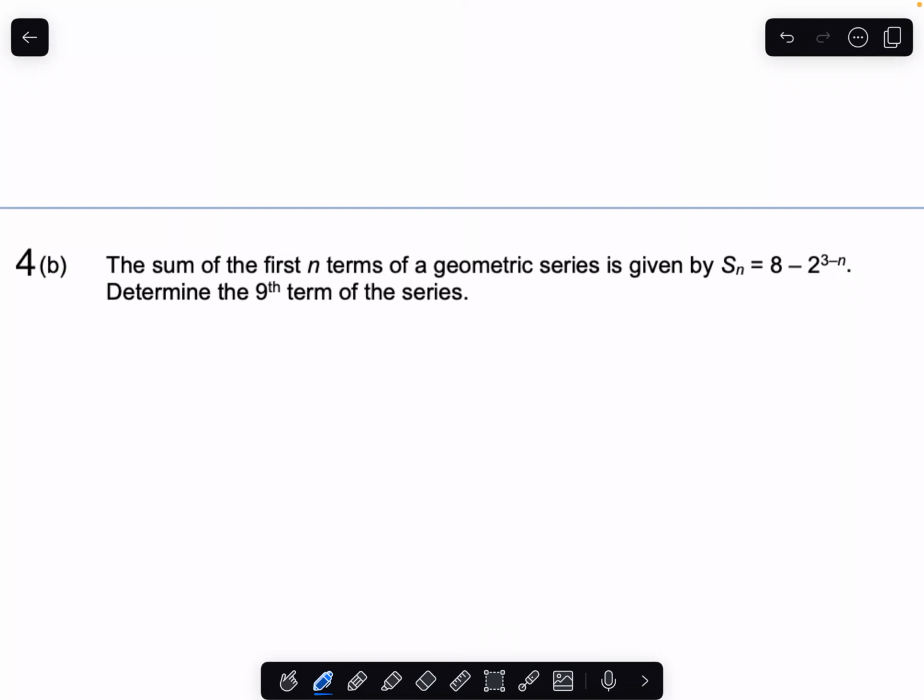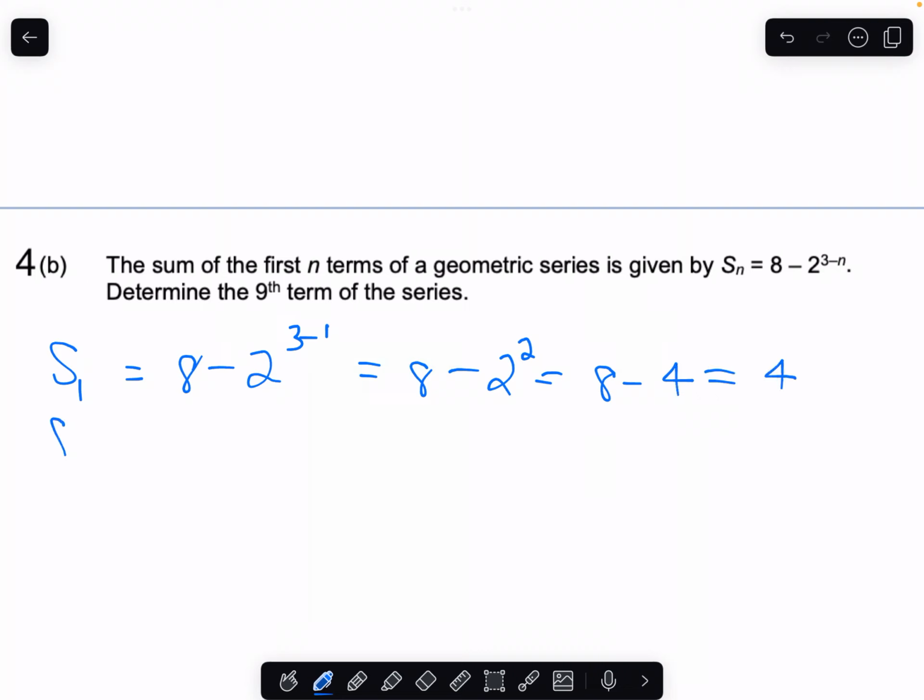So S1 is equal to 8 minus 2 to the 3 minus 1, which is 8 minus 2 to the 2, which is 8 minus 4, which is 4. And S2, which is the sum of the first 2 terms, is 8 minus 2 to the 3 minus 2, which is 8 minus 2 to the 1, which is 8 minus 2, which is 6.